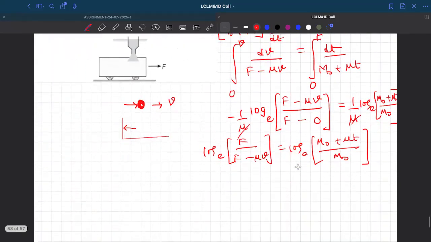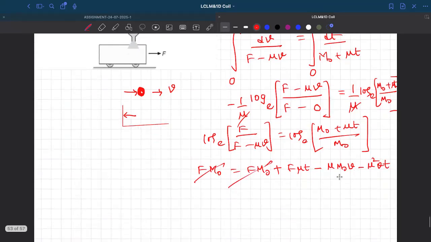Now log x equals log y, so F into m naught is equal to F into m naught plus F into mu t minus mu m naught v minus mu square v t.